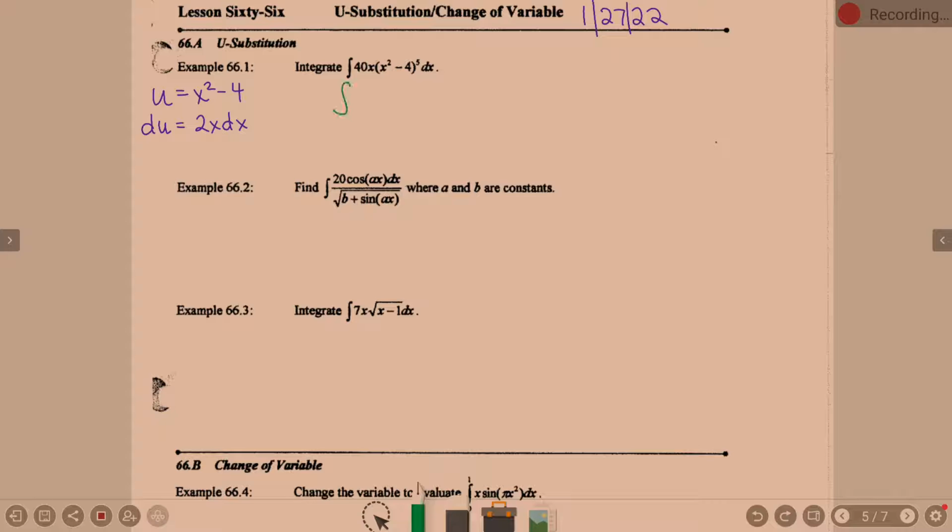And as we go over and integrate, first of all, x squared minus 4 is going to be replaced with u. So instead of saying x squared minus 4 to the 5th, I'm going to call this u to the 5th. Okay, so that is that piece right over there.